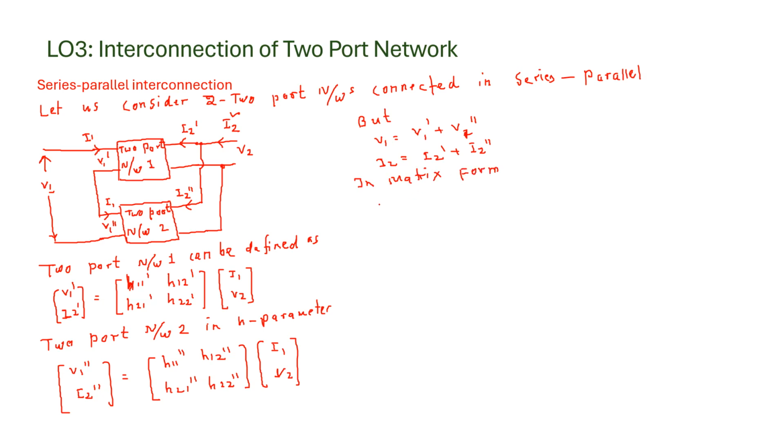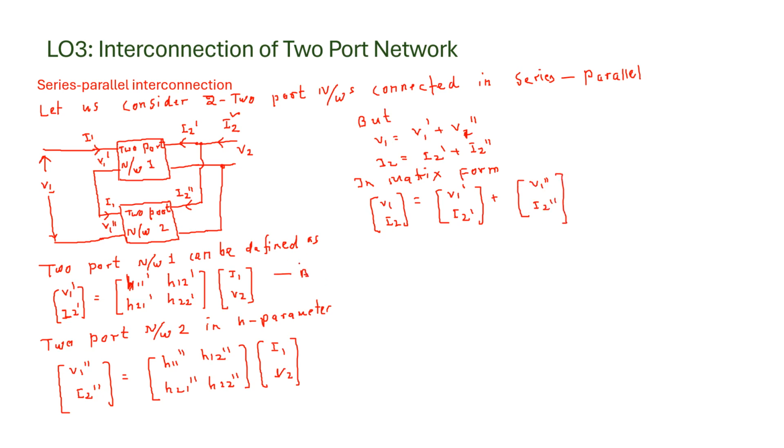We get V1, I2 equal to V1 dash, I2 dash plus V1 double dash, I2 double dash.